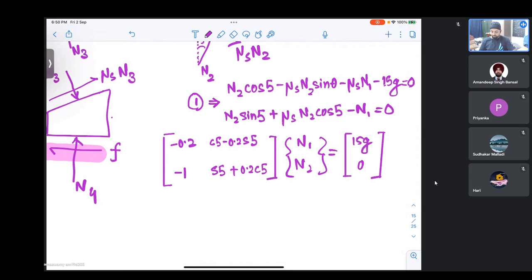So we can simply solve this. The right-hand side is 15g and 0.